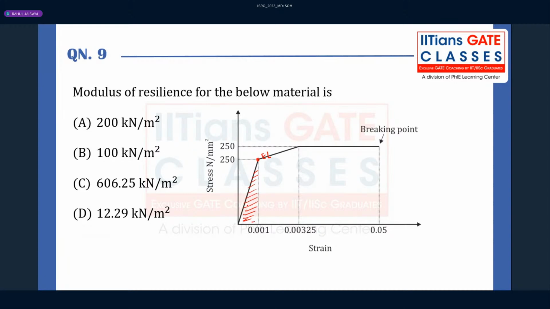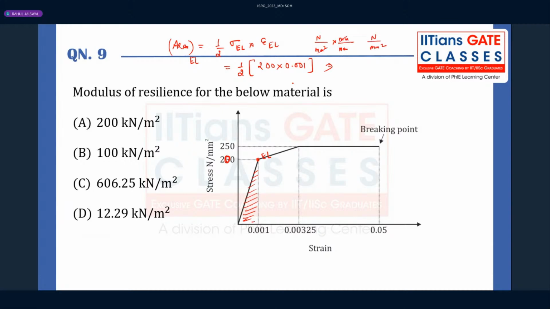And modulus of resilience is the property of material. Right? So you will find the area. Area is what? Up to the elastic limit, half of stress up to elastic limit into strain up to elastic limit. So half of this is 200 into strain, that is 0.001. So when you calculate, you will get the answer in terms of Newton per mm square into mm by mm, so you will get the answer in Newton per mm square.